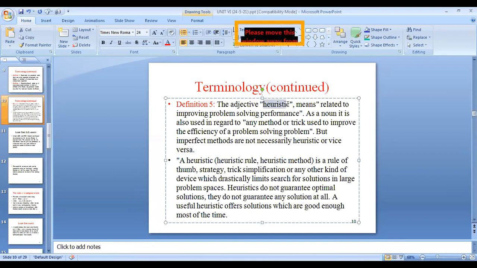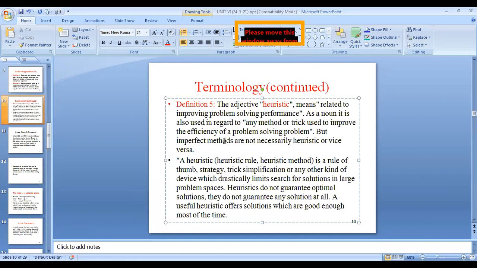A heuristic is a newly discovered thing. We can simply say heuristics are simple techniques to easily solve the problem. A heuristic is a trick or some method used to improve the efficiency of problem solving.